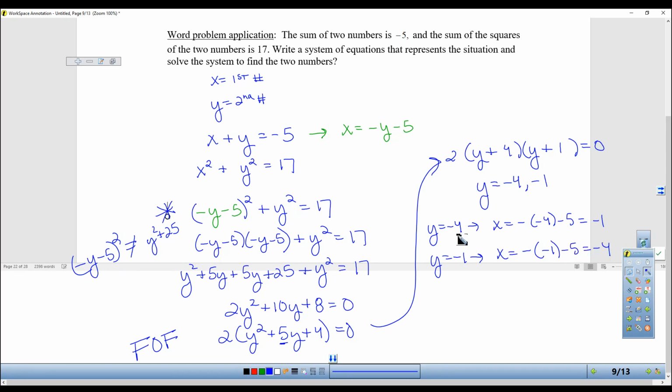So if y is -1, x is -4. If y is -4, x is -1. Either way, the two numbers are -1 and -4. They have a sum of -5, and the sum of their squares, 1 squared plus 4 squared, is 17, so you can check it pretty easily.